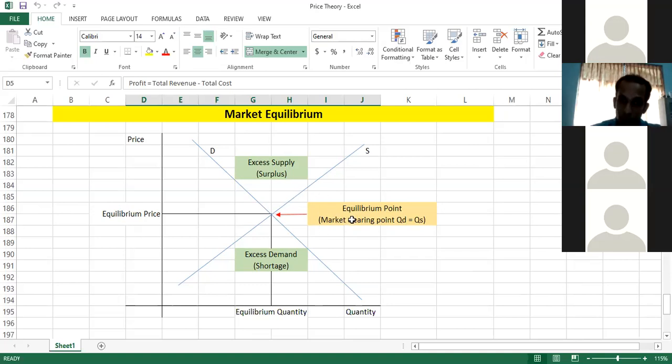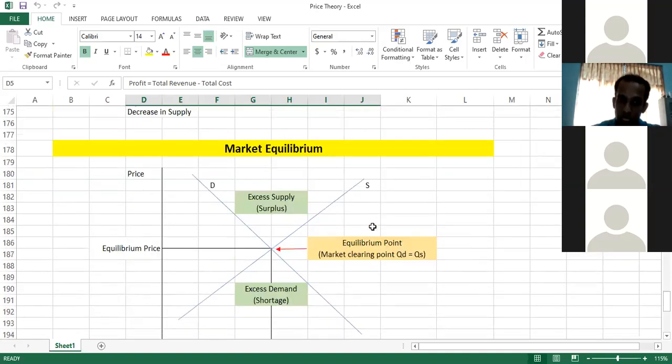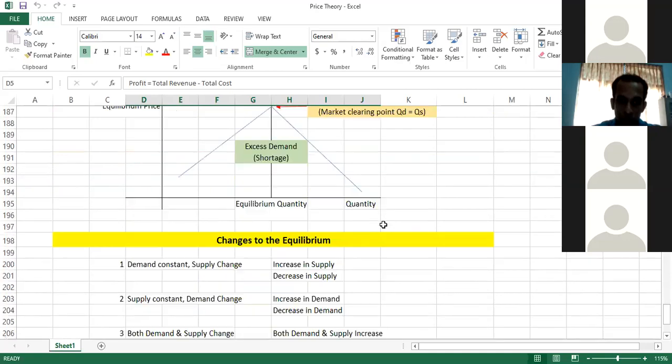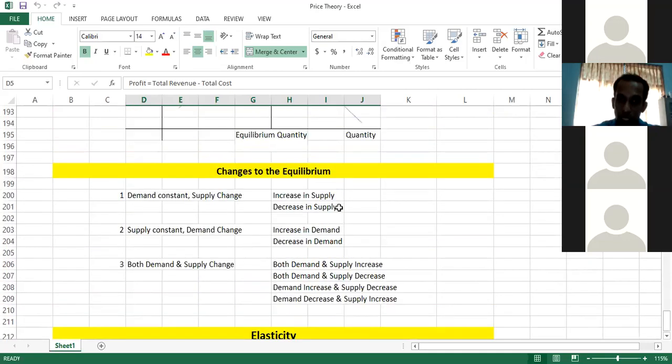But once the equilibrium is created, we discuss that equilibrium will not be constant for a particular product or a service. It will change. So what are the main factors that can lead to change the equilibrium? That is due to the changes in market forces.